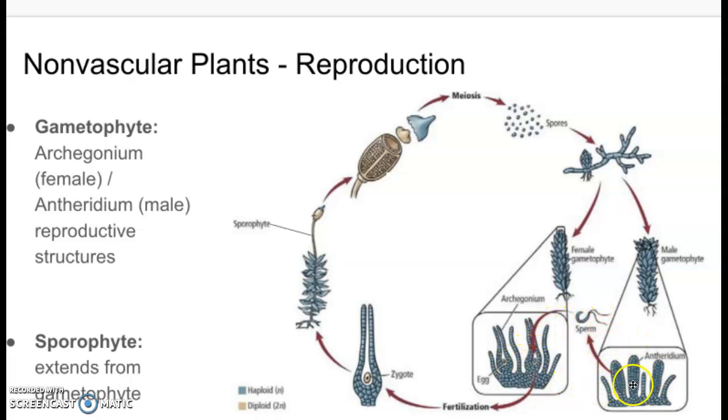So this needs water for this sperm to be moved into where the egg is, the archegonium.